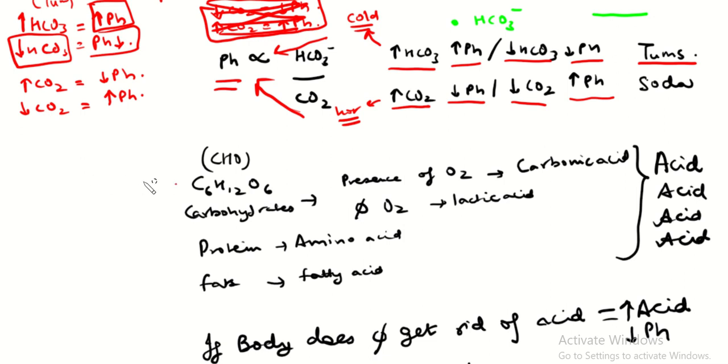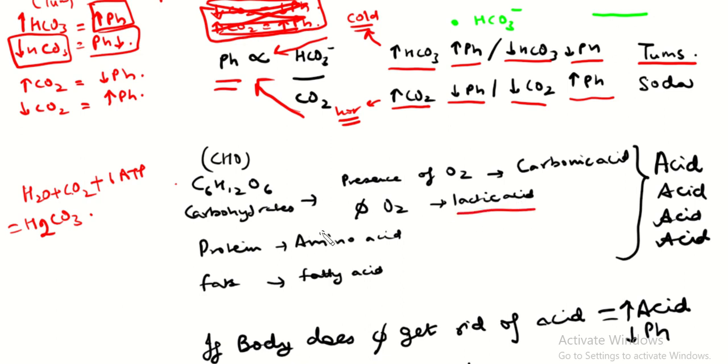So it goes to the cells. If there's oxygen, it gives me what? Water plus CO2 plus 6 ATP. Water plus CO2 is what? Carbonic acid, H2CO3. If there's no oxygen, I get lactic acid.